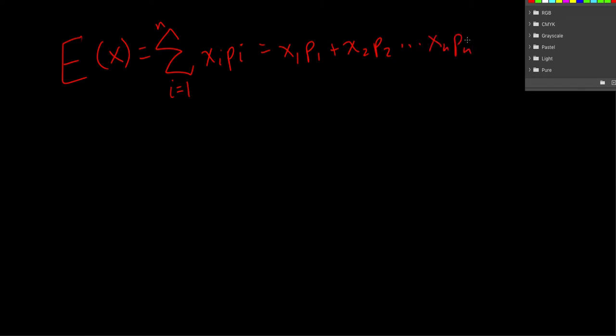So you take each outcome and multiply it by the probability that that outcome will occur, and then we add all those together after we multiply each of those individually.